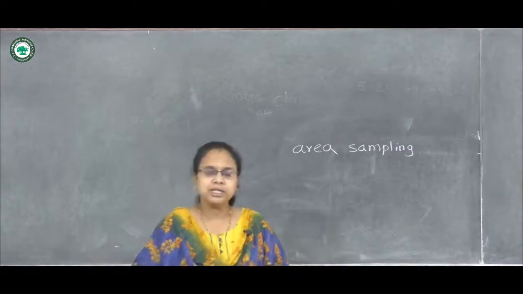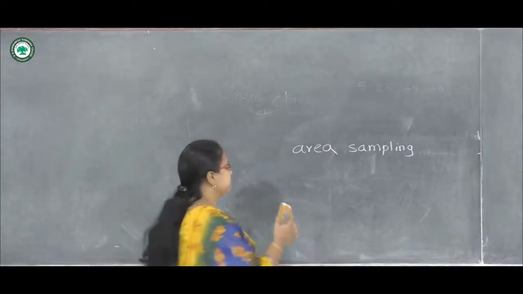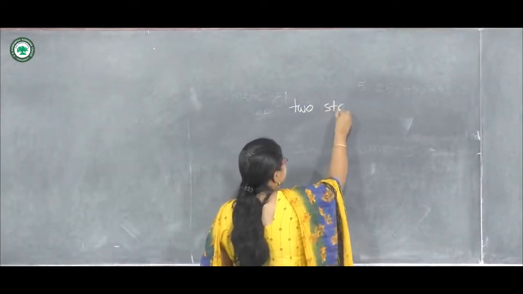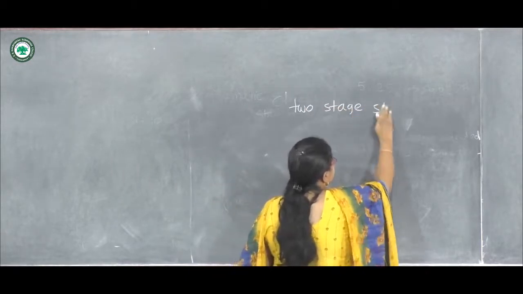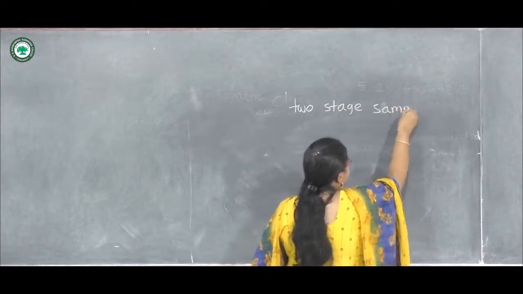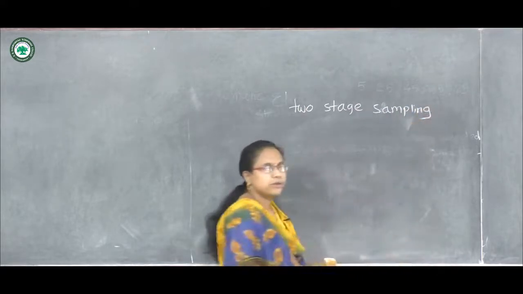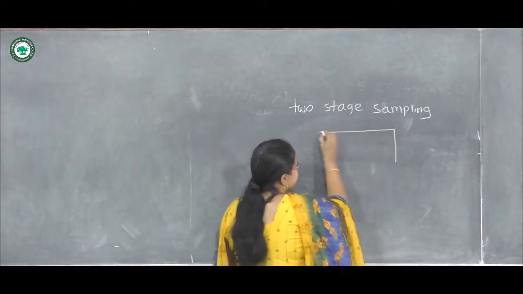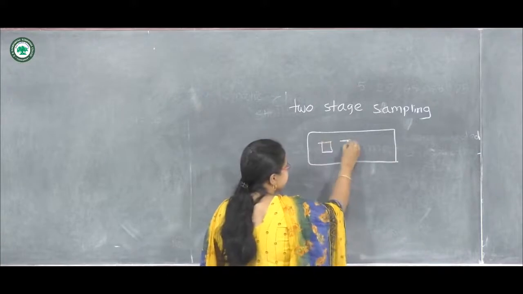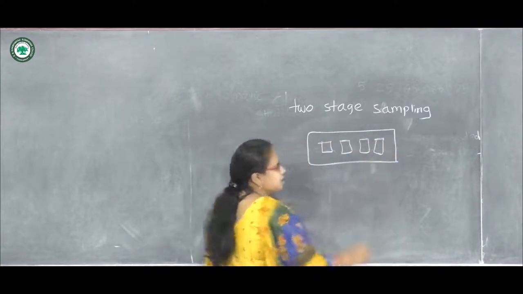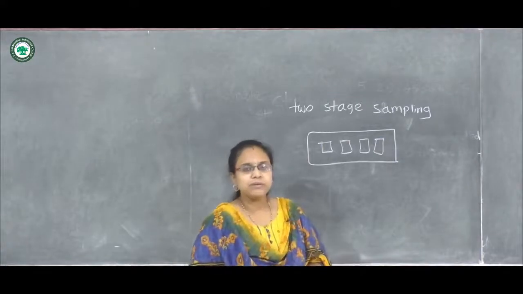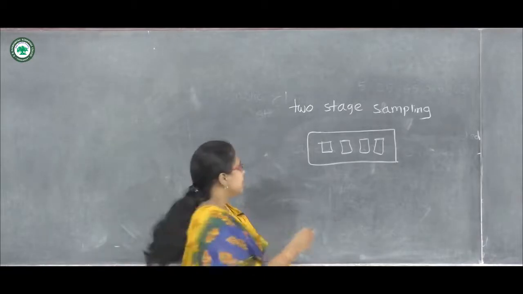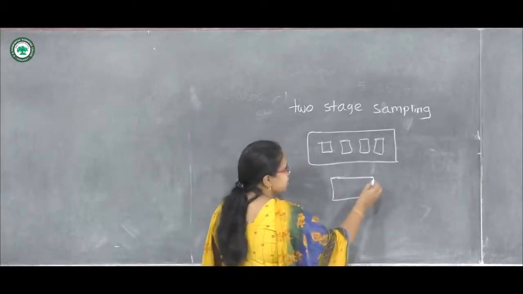The next sampling method is two-stage sampling. In this method, first we study the population, we make the clusters, and while taking the sample, instead of taking the whole cluster in our sample, we can select a sample from that cluster.